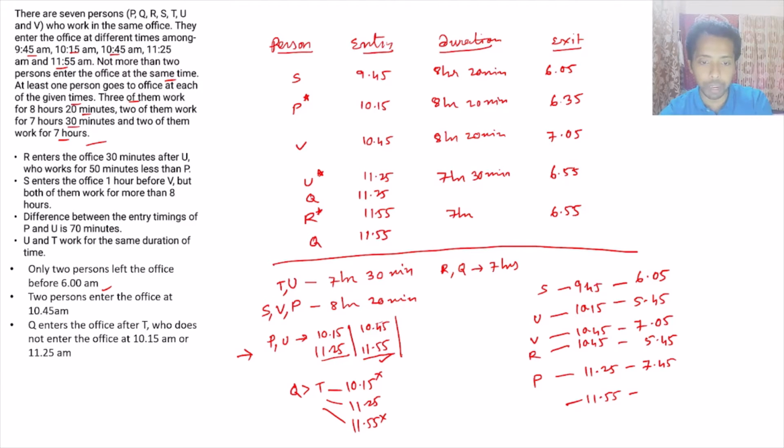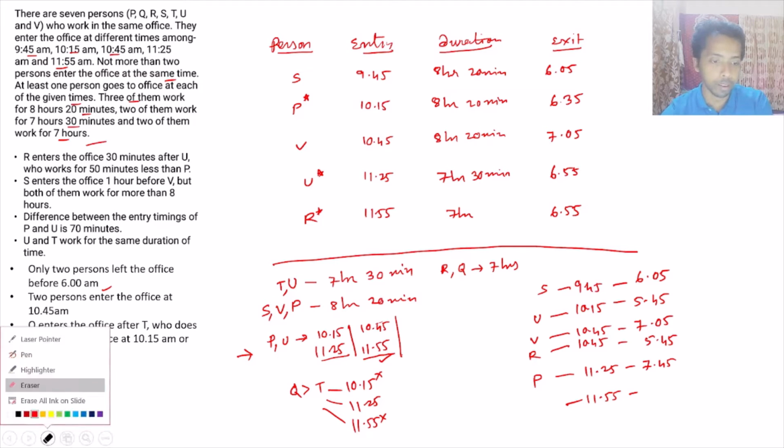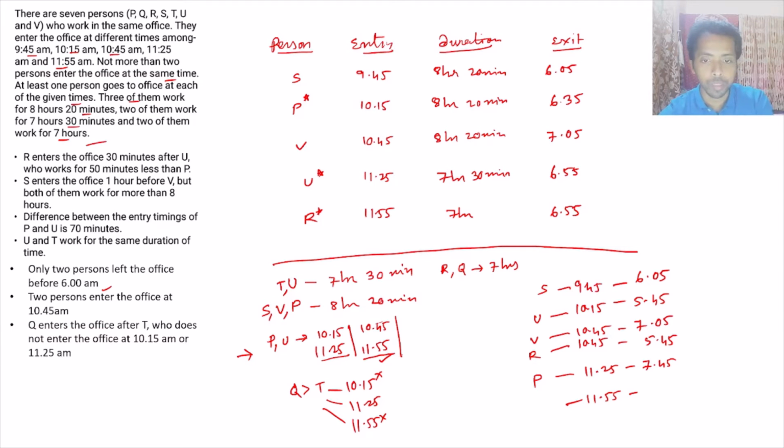Again Q's timing is 7 hours, so this is 6:25, already 11:25. If we take that, it crosses 6 a.m., so that is not the case, obviously 11:25 is of no use, right? Now here is one 10:45, which is not for T but for Q.